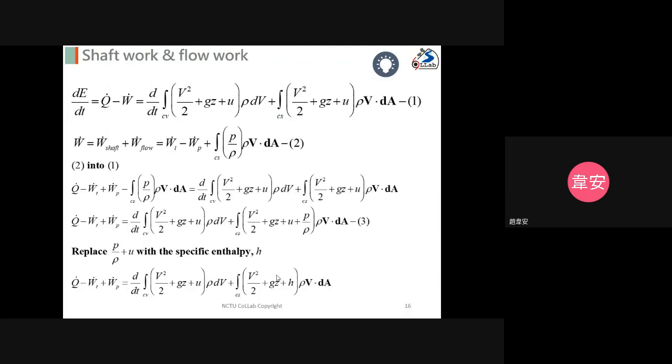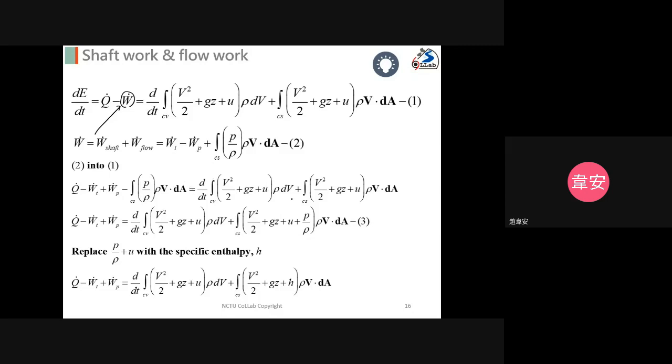If we put equation 1 and equation 2 together, we can put equation 2 back to here. So we can rewrite equation 1 as Q rate minus W_T rate plus W_P rate, and then minus the integration along the control surface of P divided by rho times rho V dot dA.